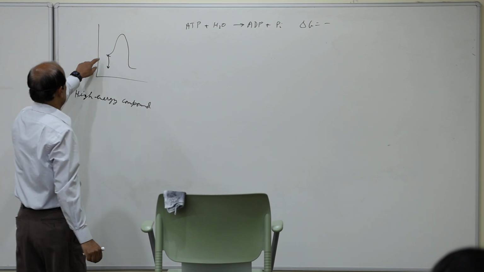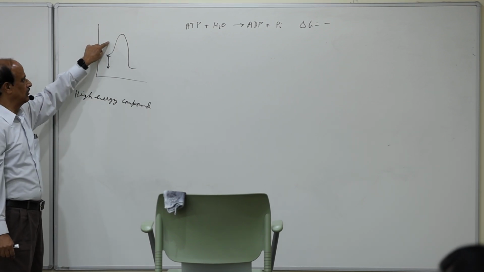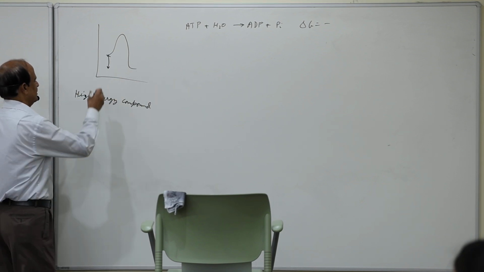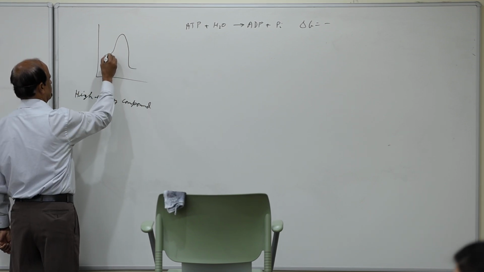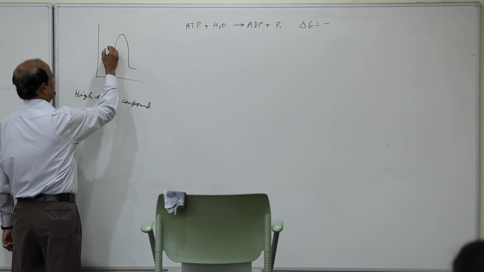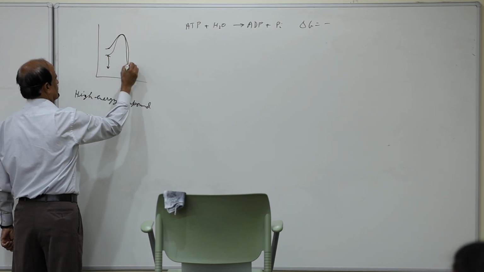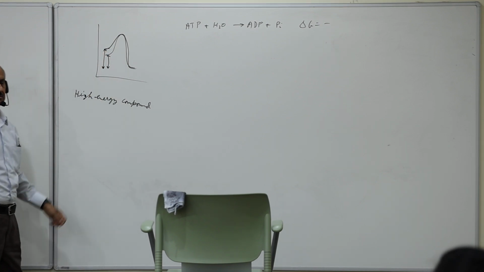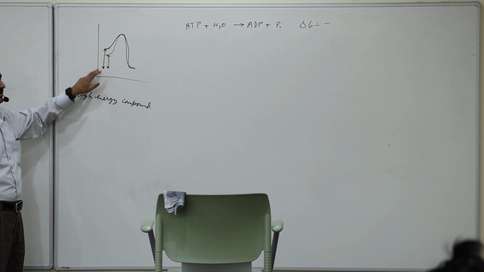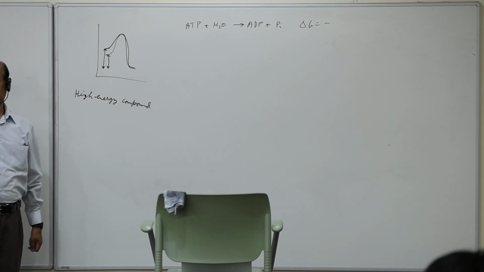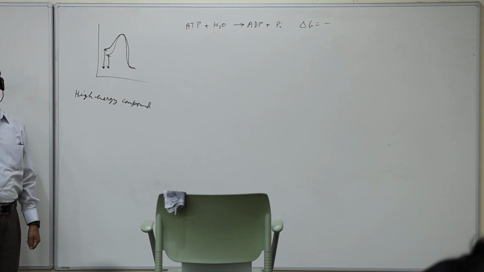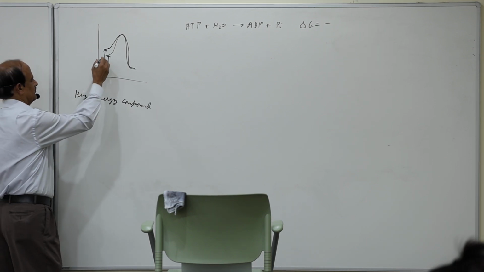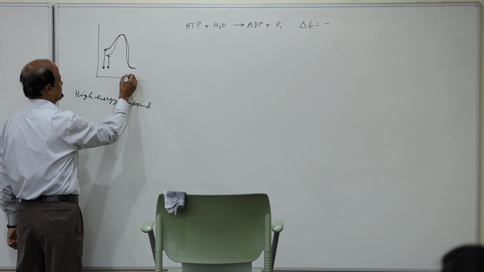You can either have an unstable reactant or you can have a more stable product. So one possible way is to have an unstable reactant, with more energy here, which then gives you this much energy. So this second reaction will have more energy in it and can be used as a high energy compound. The other way it can be a high energy compound is if it starts with the same energy but the products are more stable.